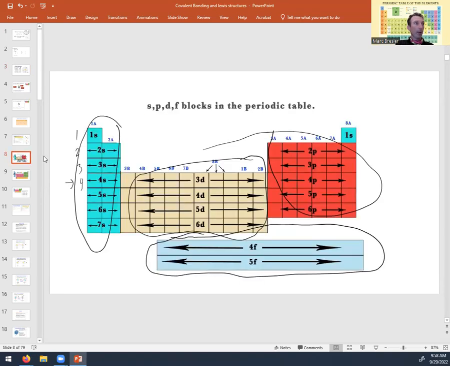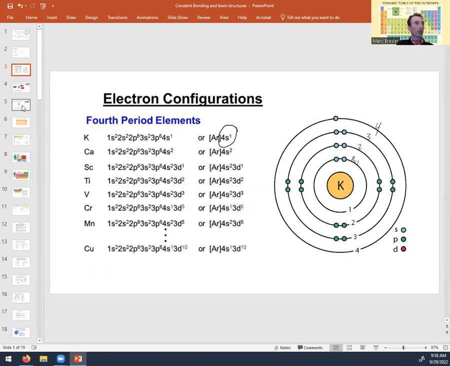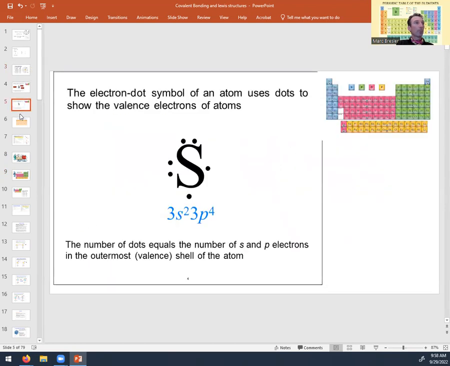And so 4s, and then 1 is the first square. So 1, 2. This would be 4s2. So 4s2 is calcium. You can see that right here. So that's all those numbers mean. I'll go into them a little bit more on a different talk, but just so you know, they're here on these slides.